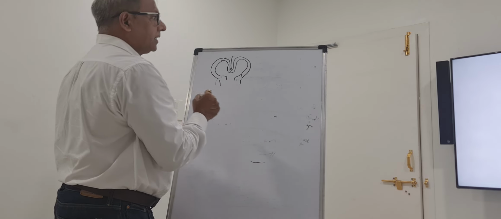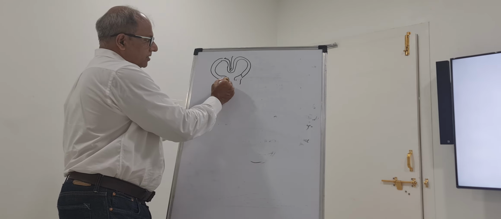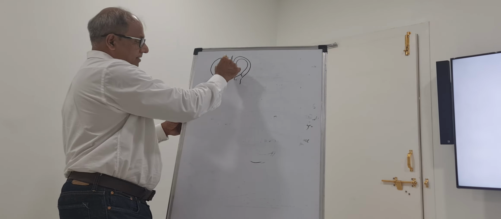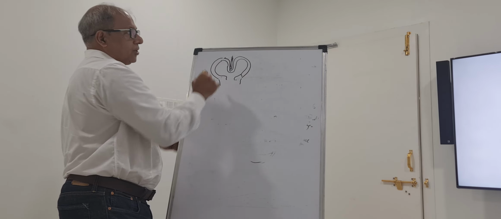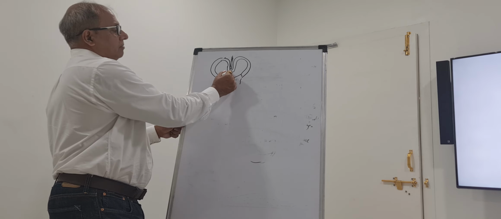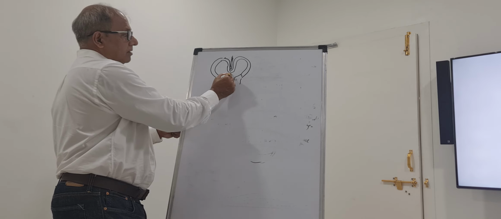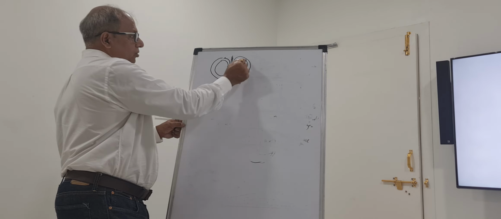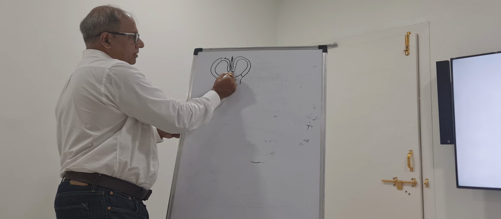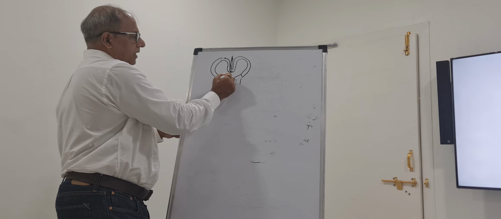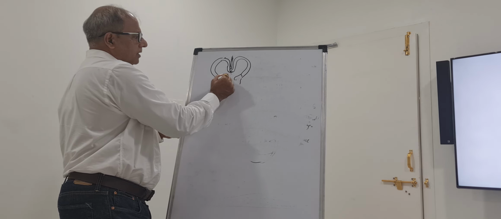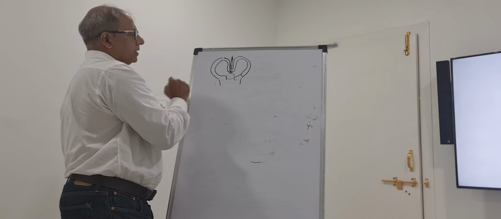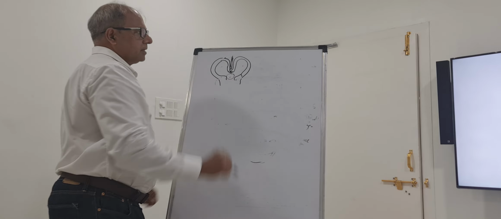Whenever there is formation of this fissure, it will create a connection between the two telencephalons, because it will be the connecting area, and this will be the roof of the third ventricle. This is the diencephalon, and this is called the third ventricle.